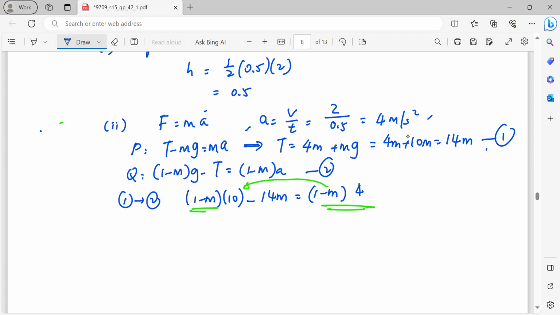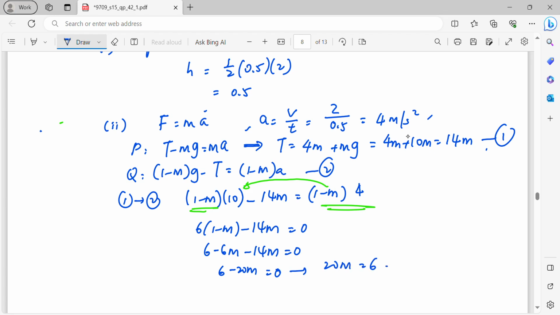I will get 6 times (1 minus m) minus 14m equals 0. Expanding, 6 minus 6m minus 14m equals 0, so 6 minus 20m equals 0. Therefore 20m is 6. Hence m is 6 over 20, which is 0.3. So I found the m already.